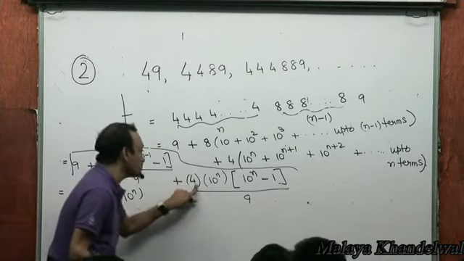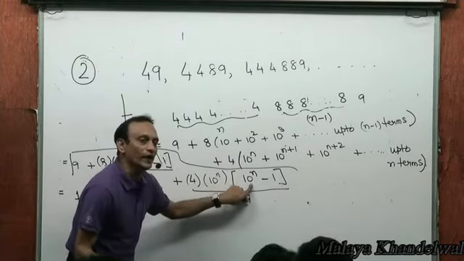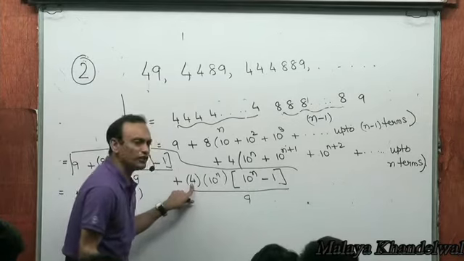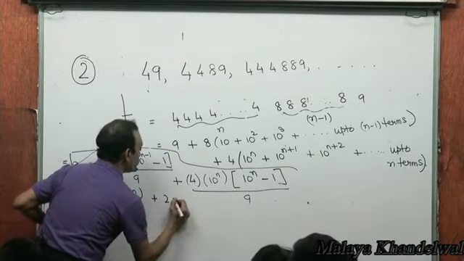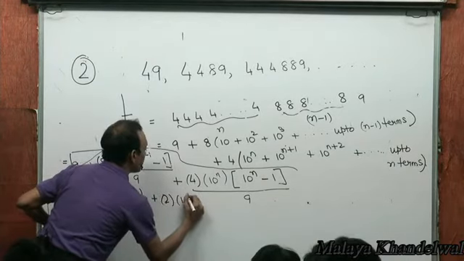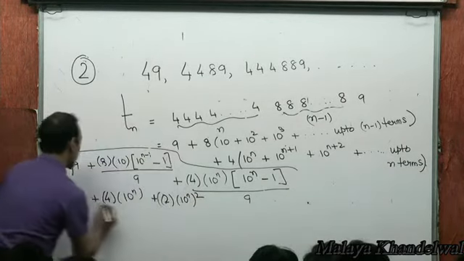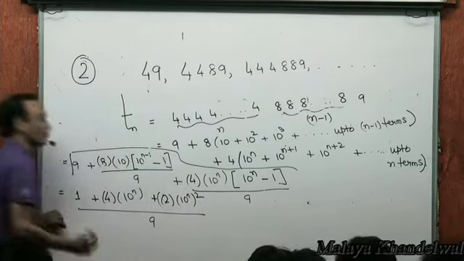Then this I have taken care of, this becomes 4 into 10 to power 2n. This is the only term left, with 4 into 10 to power 2n. That makes it 2 into 10 to power n whole squared by 9. Yes or no?